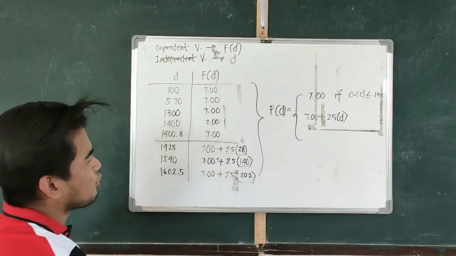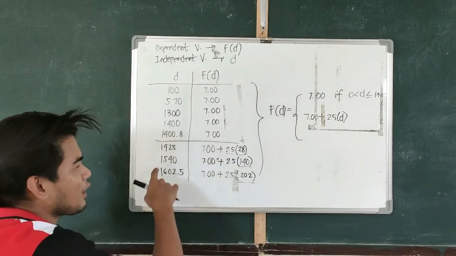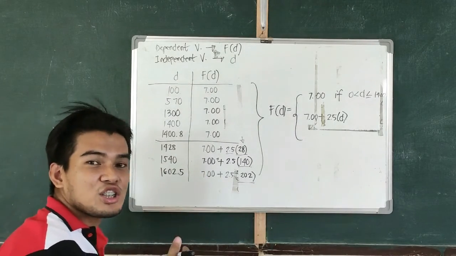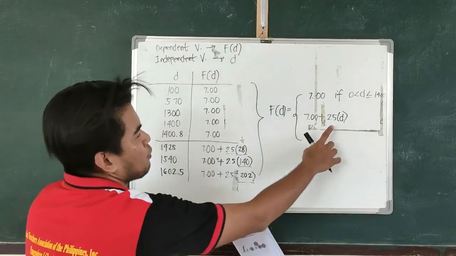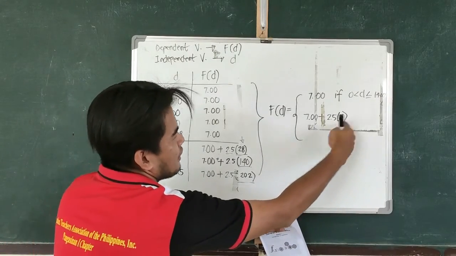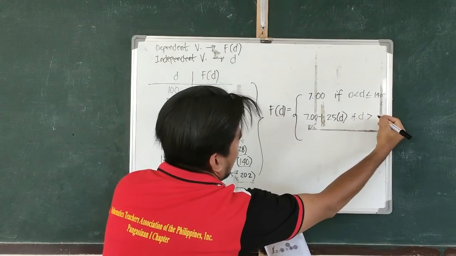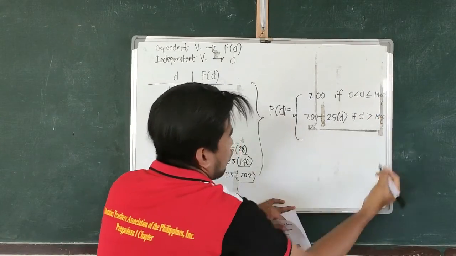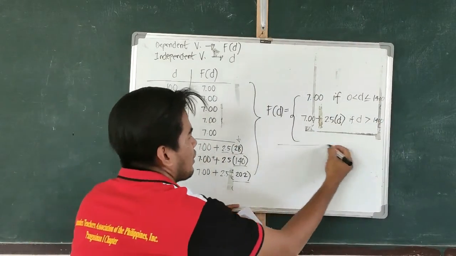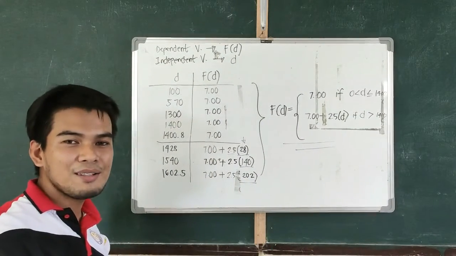Ito yung sumobra doon sa 1,400 na integer meter. So 2.5 plus yung excess doon sa D, which is if D is greater than 1,400. So this is our answer. Okay, so I hope naintindihan nyo na kung paano mag-solve ng mga piecewise function-related problems.